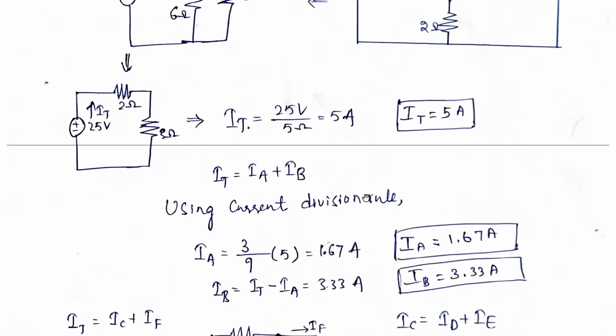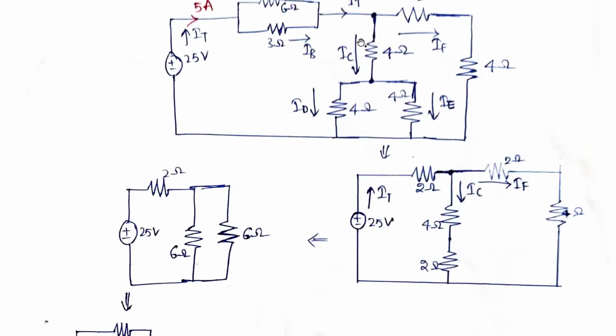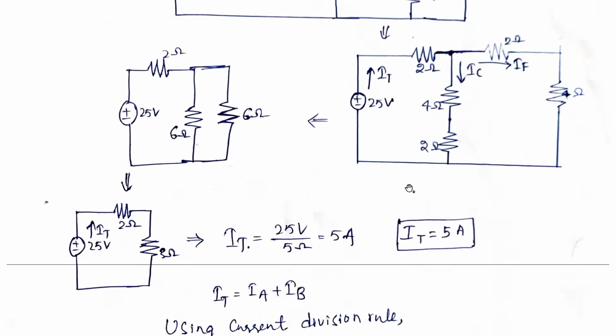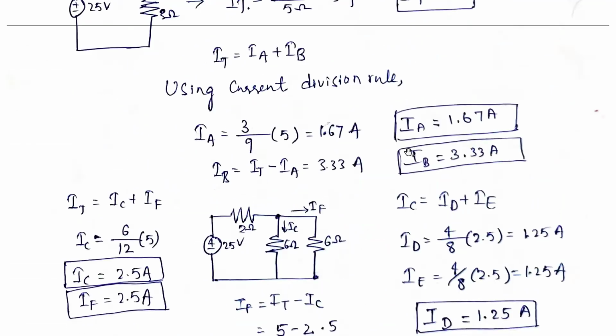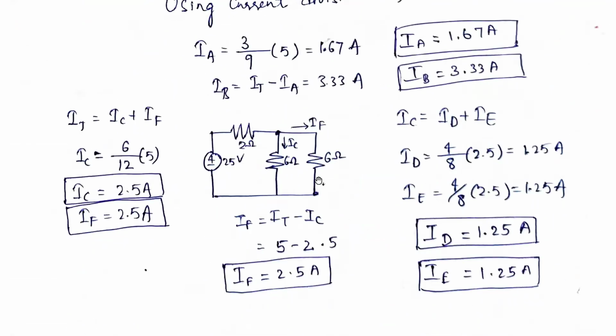Next, now we found out what is IC and IF. Now IC is further divided into two, that is ID and IE. So now we need to find out what is ID and IE. IF also we found out, that is 5 minus 2.5 is 2.5.